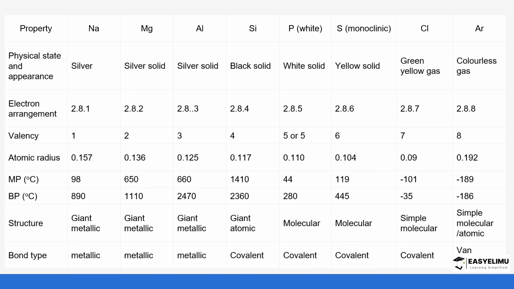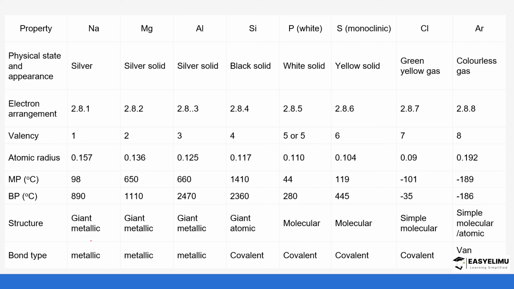So this is just a summary of what we have discussed. You can see sodium, magnesium, aluminum, silicon, phosphorus, sulfur, chlorine, and argon. And the thing that you need to pay a lot of attention to is the structure and bonding, which affects a lot of properties here, and also the sizes.